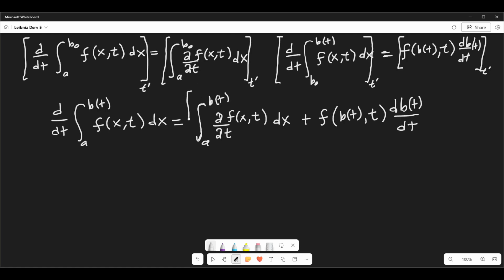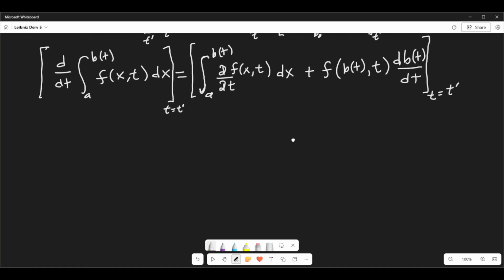And this, of course, is all evaluated at t equals t prime. And the same thing for this, evaluated at t equals t prime. So that is the case for one boundary moving.